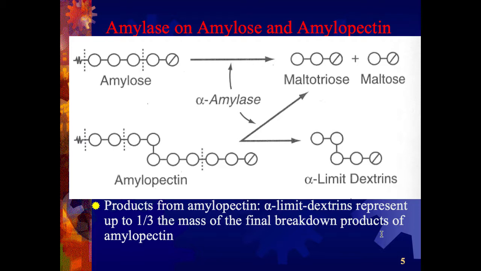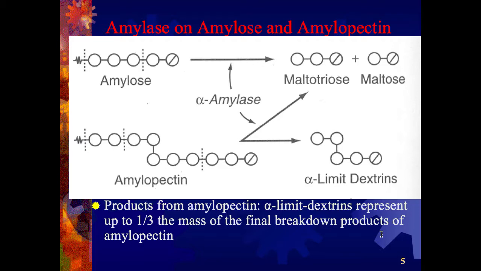Here's the problem. Amylopectin has an alpha 1 to 6. You remember that term steric hindrance? That essentially means the structure of this molecule, that alpha 1 to 6, won't allow amylase to bind like this. It won't allow it to bind to this portion.